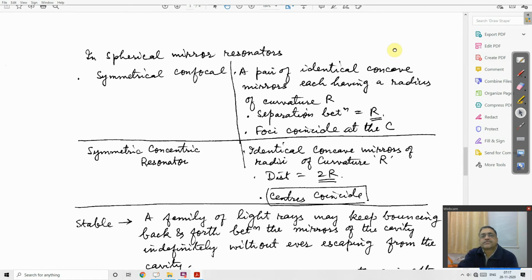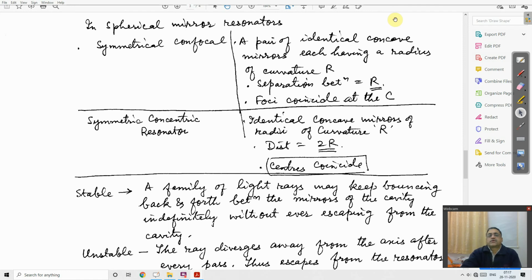As far as spherical mirror resonators are concerned, in one of our earlier lectures we studied the spherical curved resonators, and we obtained the stability condition therein.